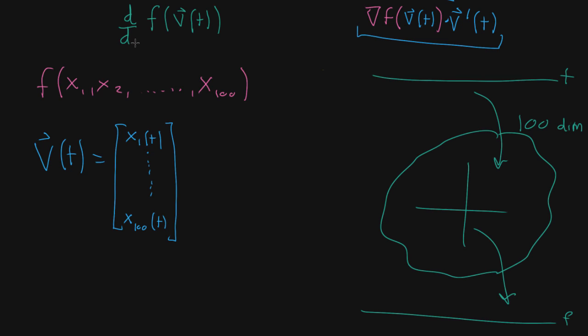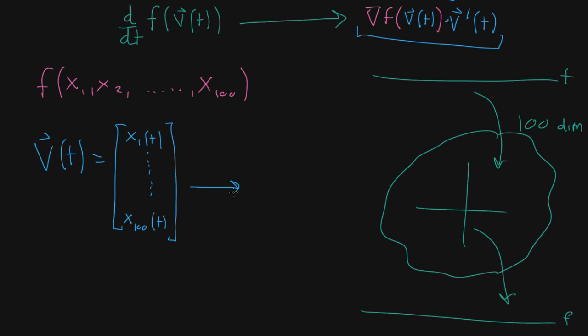So the derivative of that composition is, and we walked through where this comes from, the gradient of f evaluated at v of t, evaluated at your original output, dot product with the derivative of v, the vectorized derivative. And what that means, for v, is you're just taking the derivative of every component.